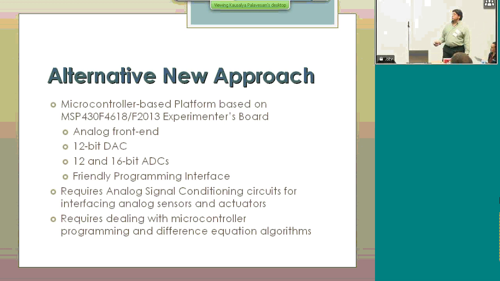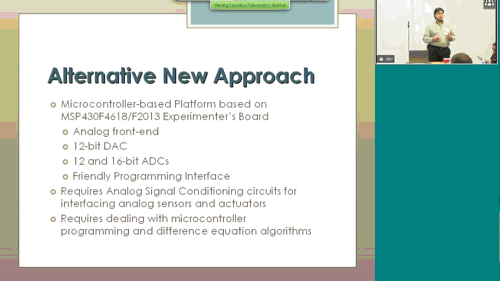So the alternative now is to use a microcontroller-based platform. We're using the MSP430 experimenter's board. It has an analog front end, 12-bit digital to analog converters, and 12-bit and 16-bit analog to digital converters. It has a friendly programming interface. It requires analog and signal conditioning circuits for interfacing analog sensors.